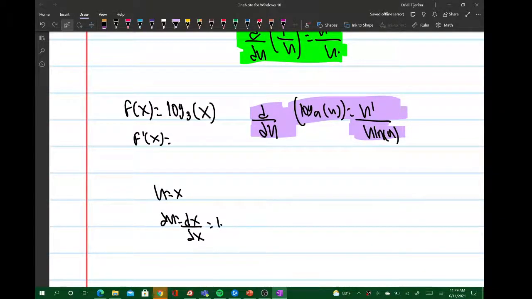So that means that u prime is 1 because, like I said, du is the same as u prime. So that's one thing I want to make very clear.